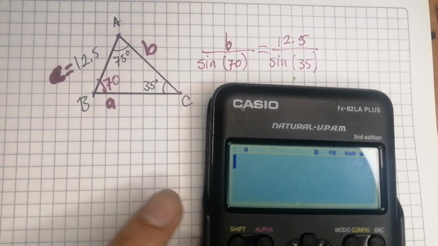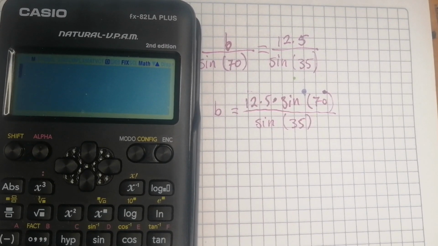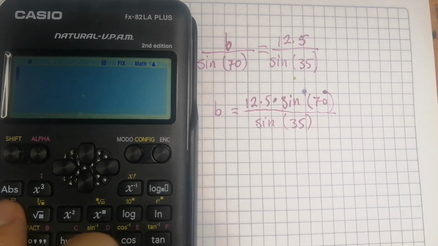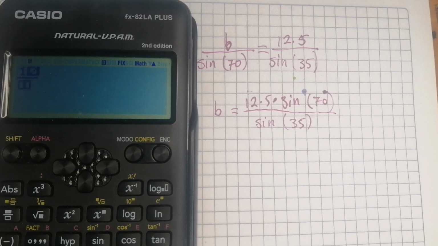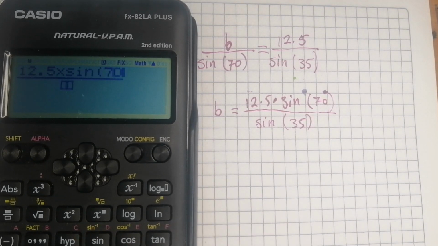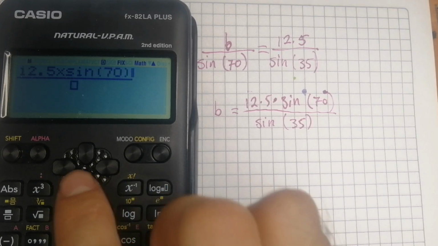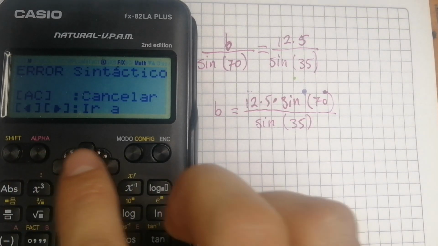Now we can go to the calculator and introduce the formula that we created, and this goes as follows: fraction, and in this fraction I write 12.5 times the sine of 70, and all this divided by the sine of 35. That is the one that I have down here, and I got an error.